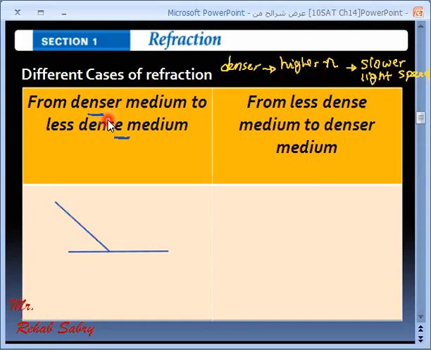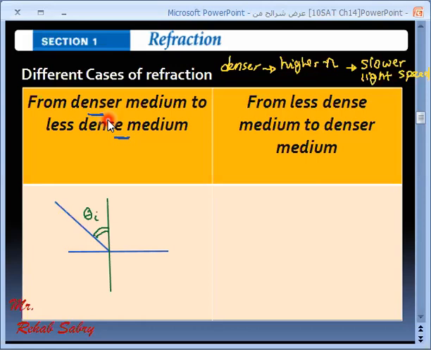And this is the normal. This is the angle of incidence, theta I. Where will the ray bend?